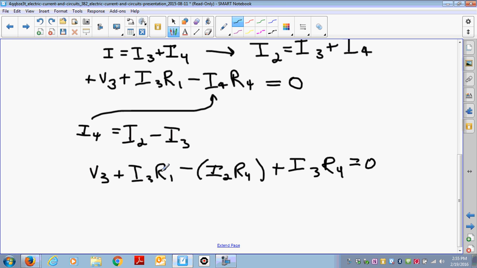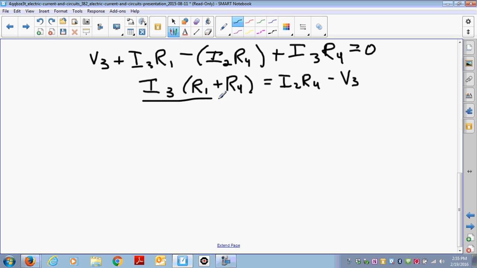Okay, so now I can combine terms, and I'm going to put everything else on the other side. So I get I3 times R1 plus R4 is equal to I2 R4 minus V3. Okay, so I'm getting I3 by itself.